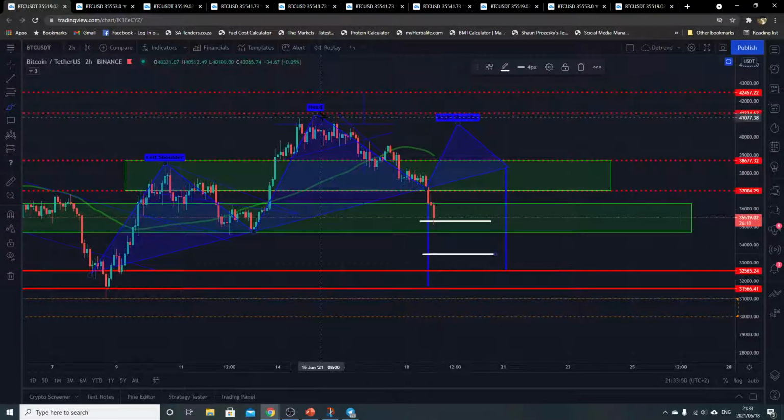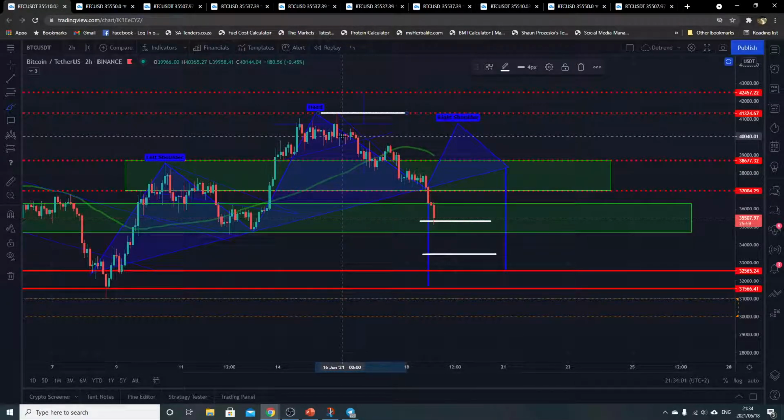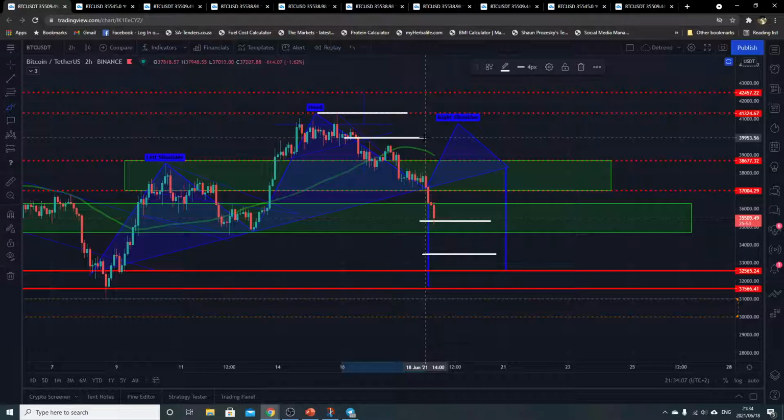My stop loss was up at this value area over here. Then I reduced it to this section because my entry point was just under 39,000. Currently my stop loss is at break even.